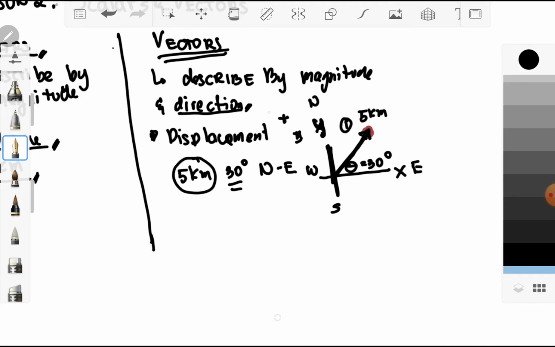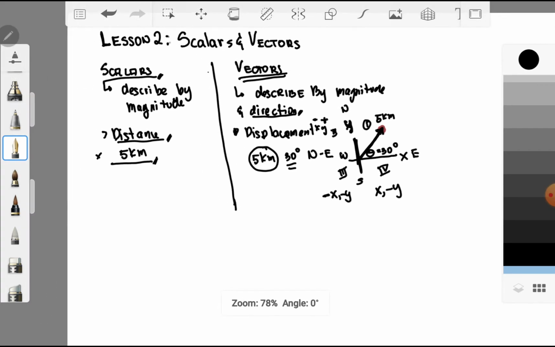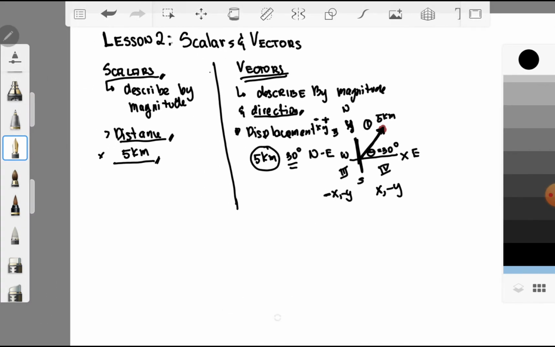If it's in the third quadrant, it is going negative x and negative y, and at the fourth quadrant it has coordinates of positive x and negative y. That is your vector. We need direction.